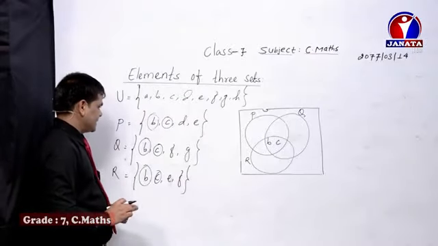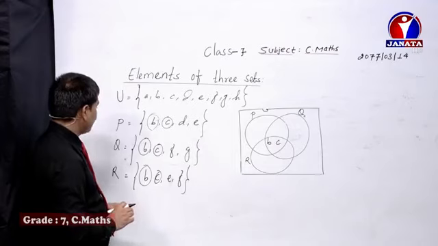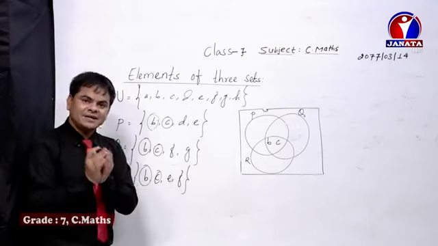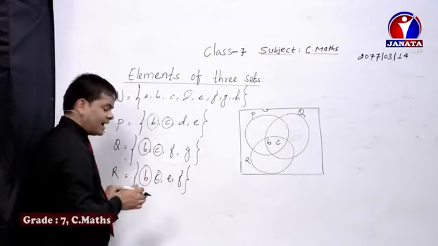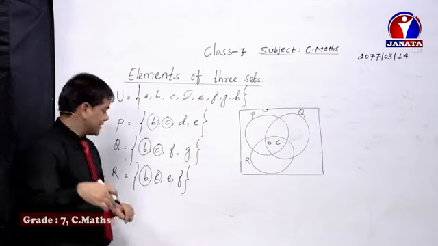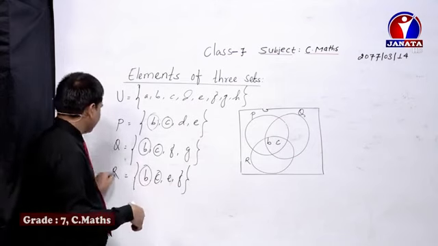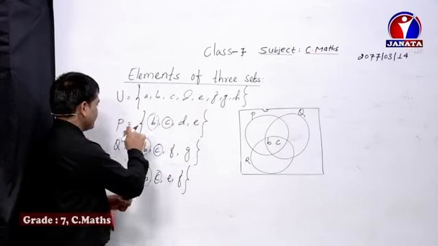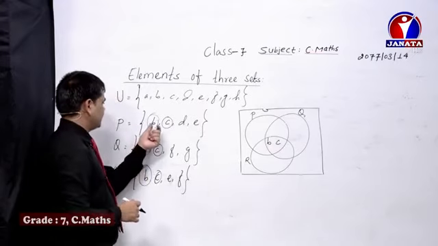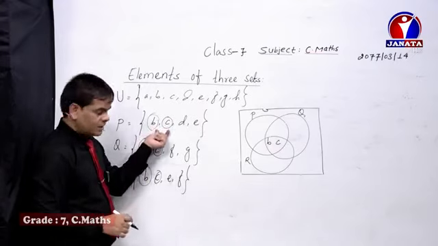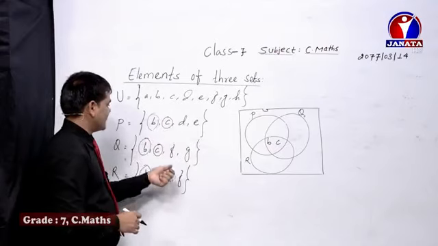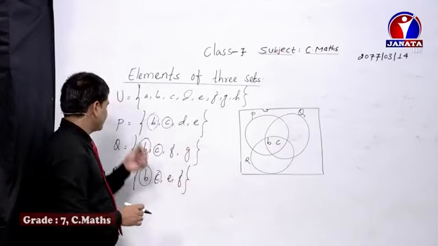Now, dear students, let's see the common elements of individually P and Q, and Q and R, similarly P and R. So in between P and Q, except those rounded off, are there other remaining elements common between P and Q?